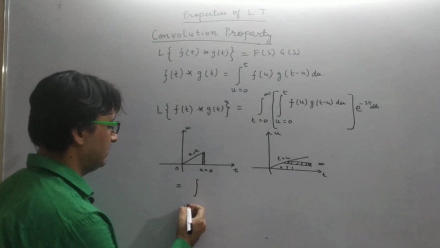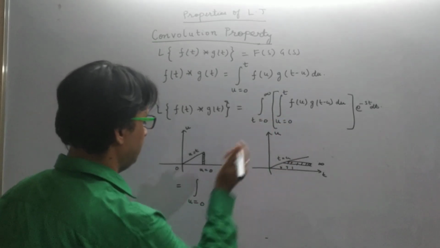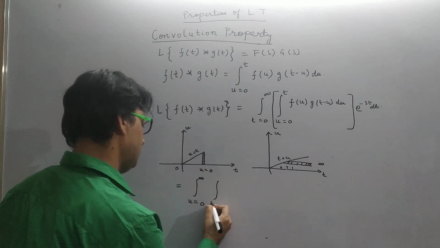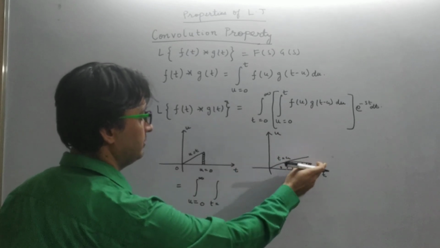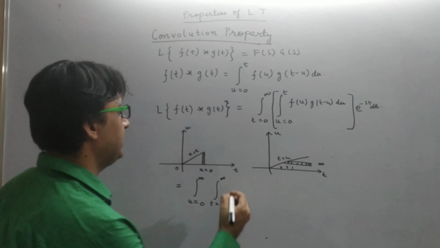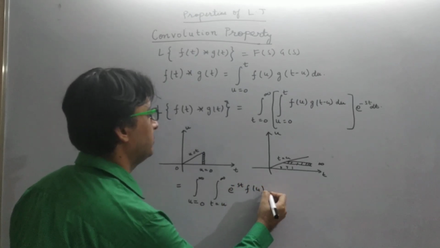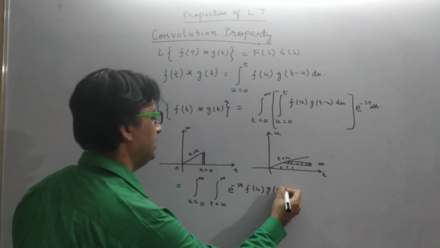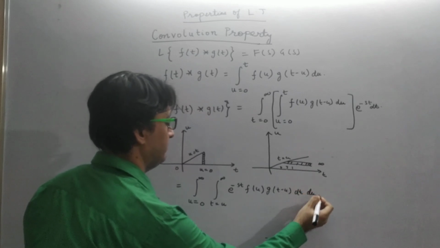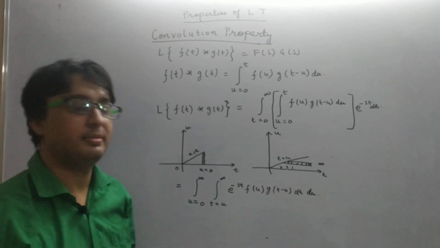That will be u equal to 0 to infinity and t going from u to infinity. Alright, so we can write it like that, e to the power minus st f(u) g(t minus u) dt du. This is fine till here.